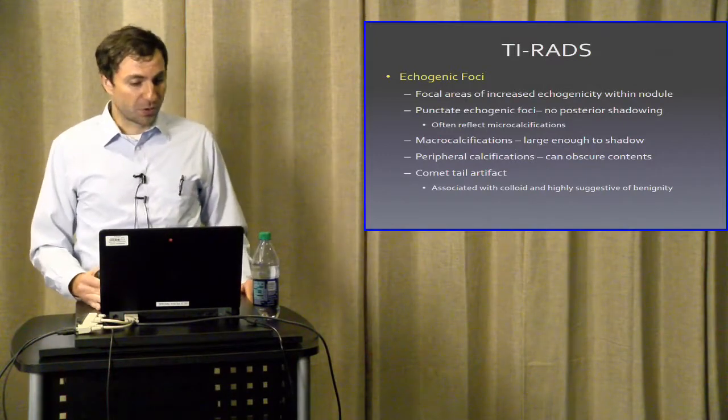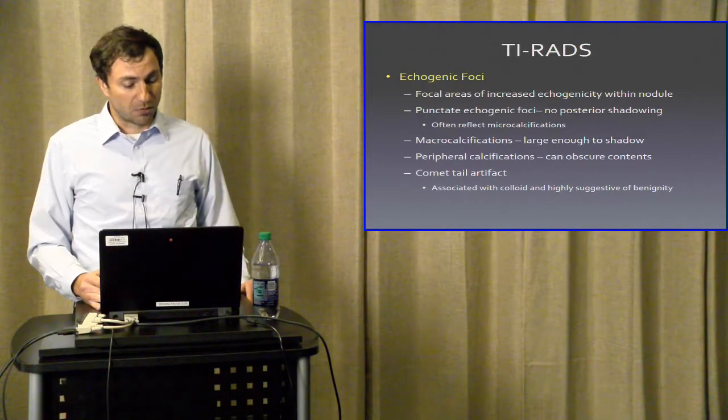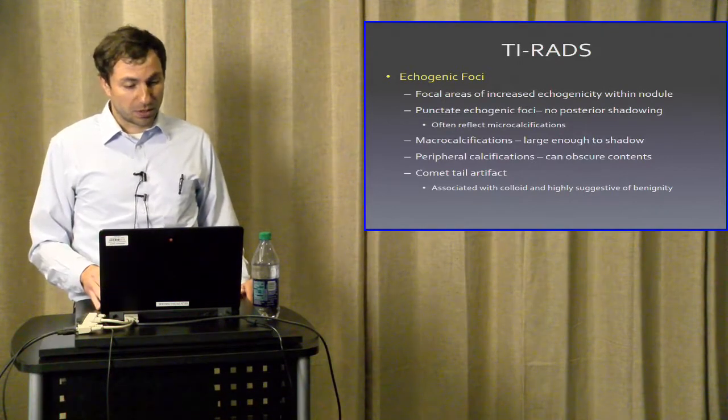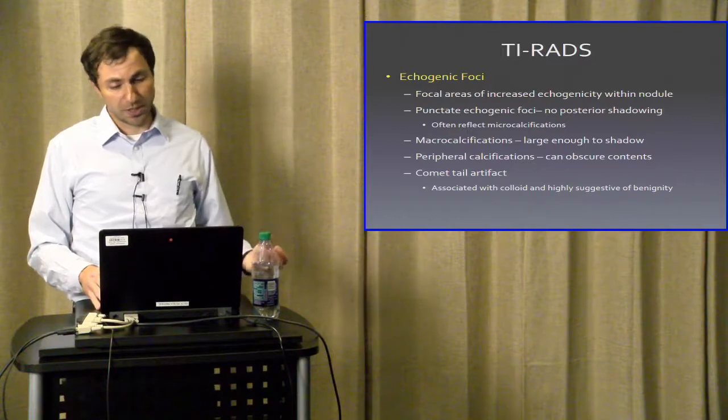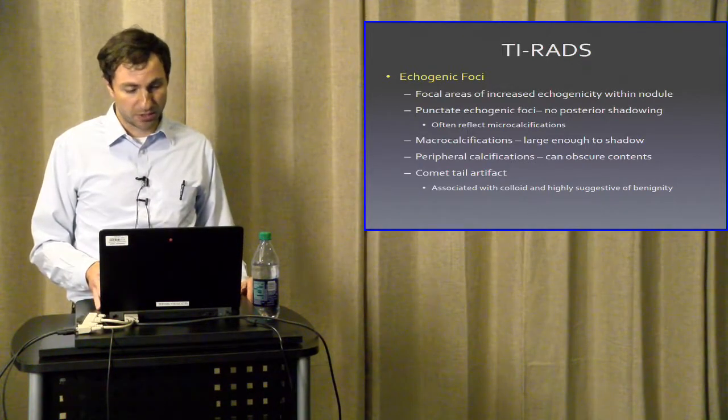So echogenic foci are areas of increased echogenicity within a nodule. And these are often reflective of microcalcifications. The thicker, chunkier calcifications that shadow are compatible with macrocalcifications.